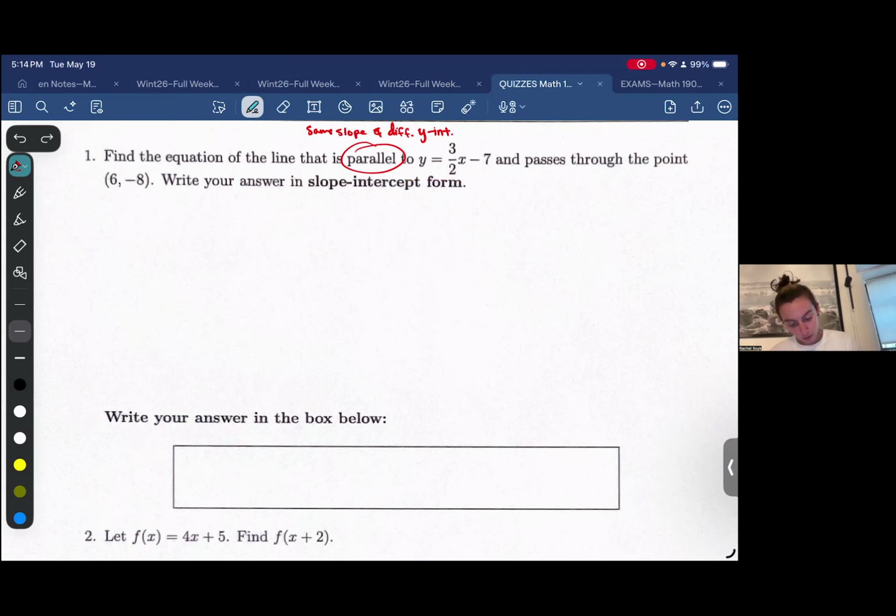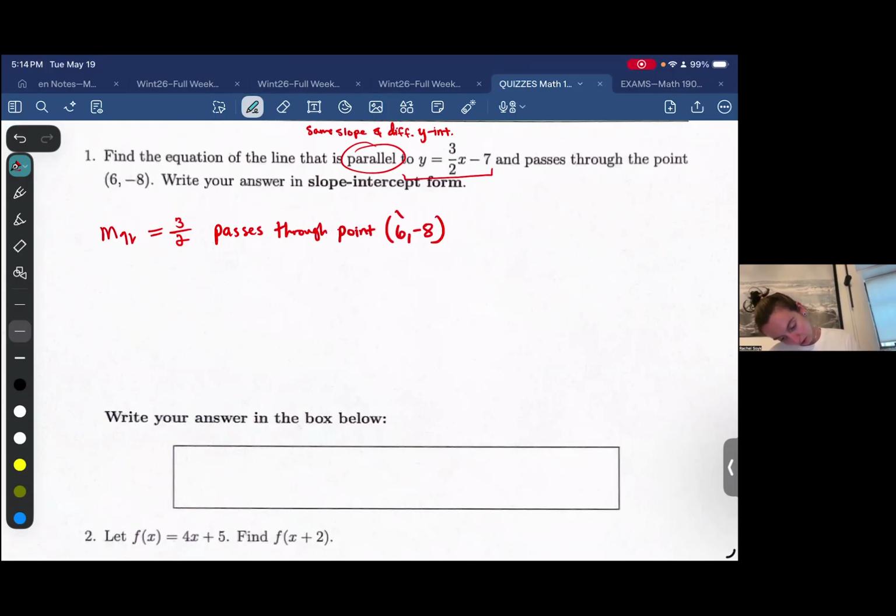So we want a slope of 3/2 in our equation. And then passes through point (6, -8), which is our x1, y1 point.